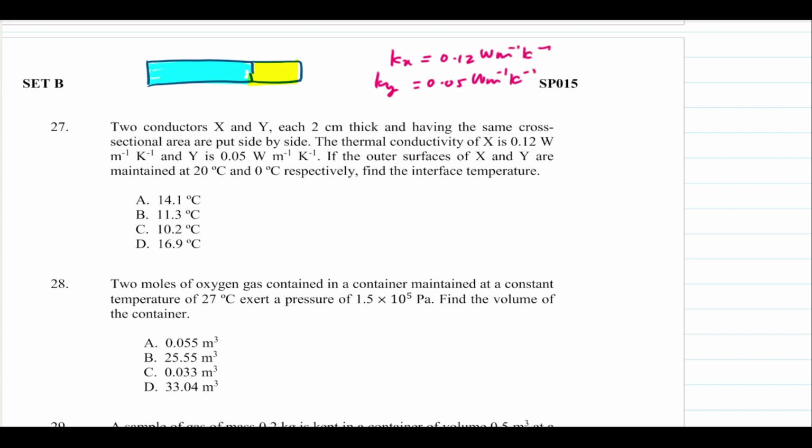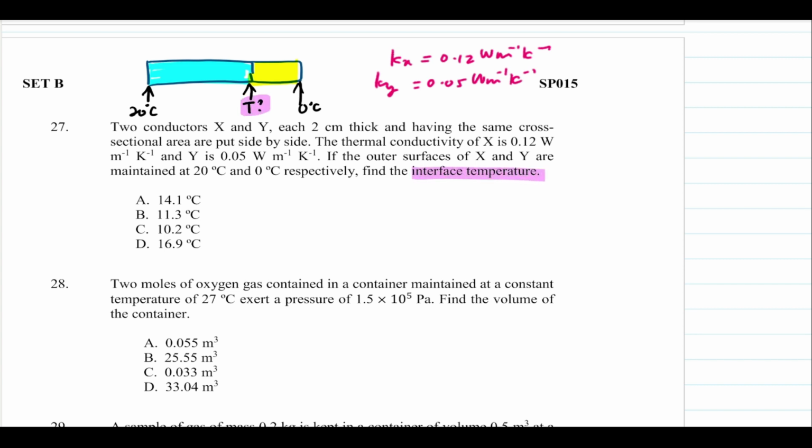Okay. And then if the outer surfaces of X and Y are maintained at 20 and 0, so here is 20 degrees Celsius, here is 0, and here is T. Tak tahu berapa. Find the interface temperature.